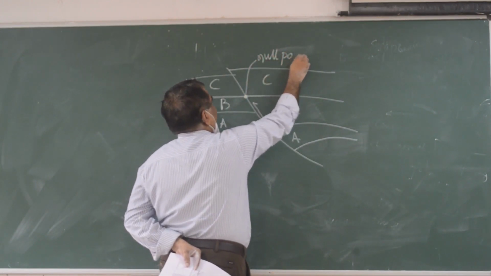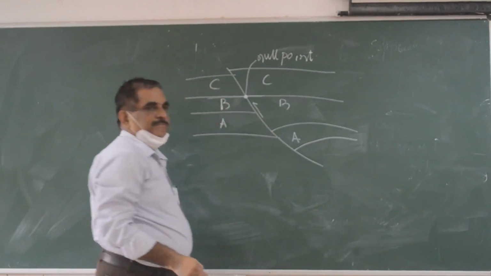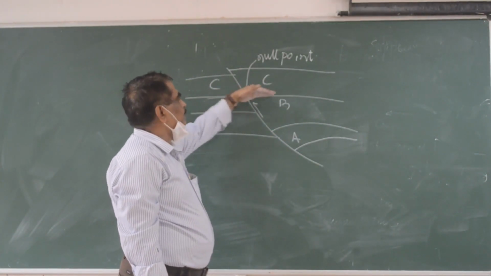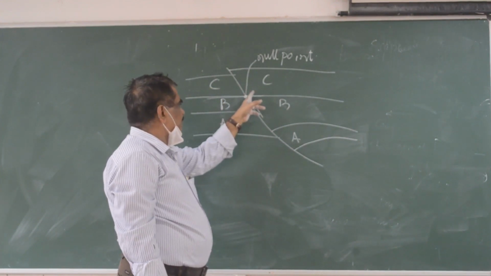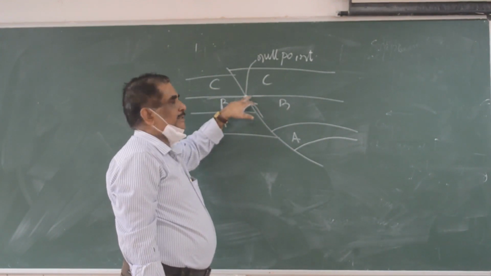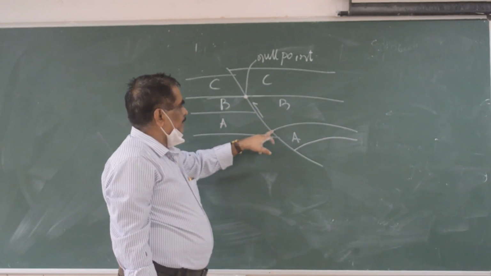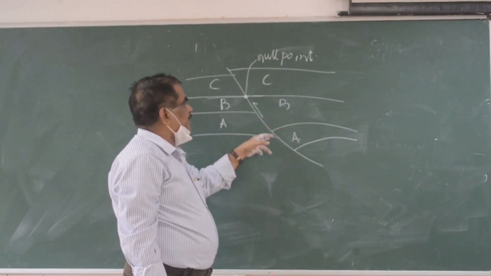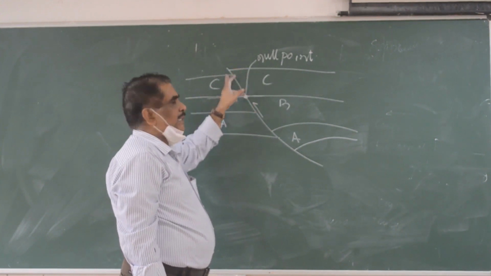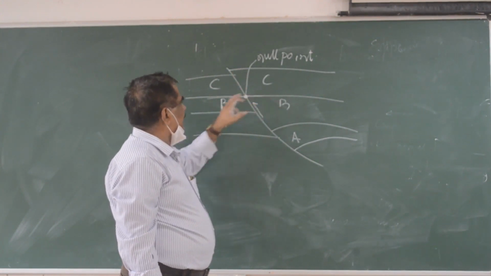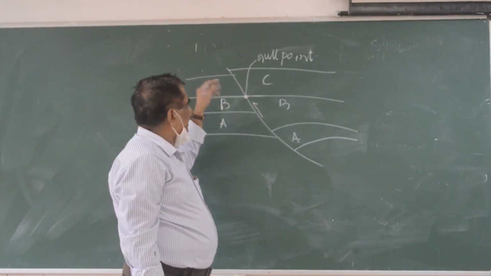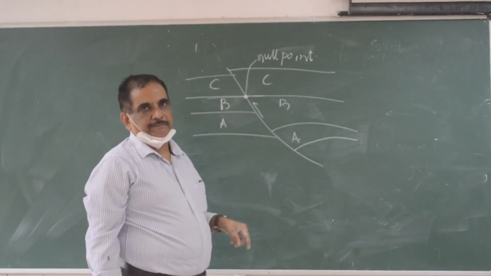That means this surface is a single, continuous surface. There is no visible displacement along this surface. But if you see the bottom surface of B or the top surface of A, there will be displacement. But the top surface of B on either side of the fault has no displacement. That is why this point is called a null point.